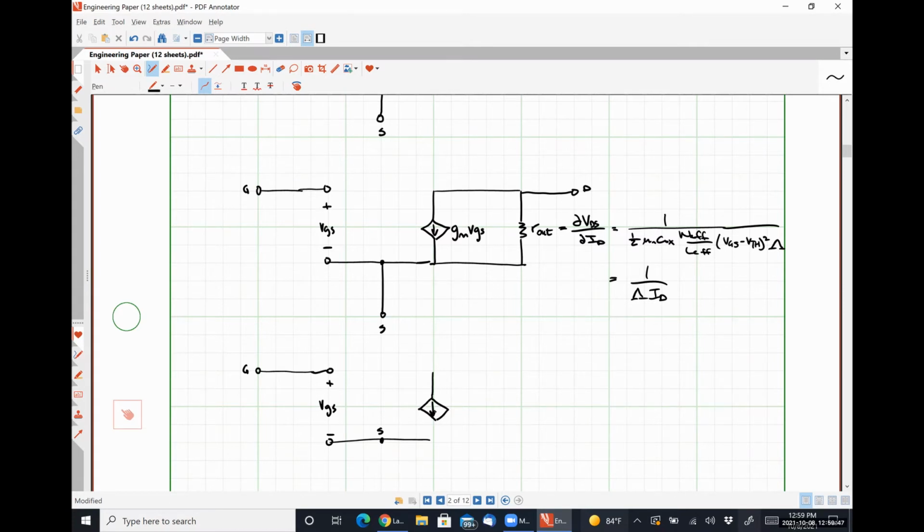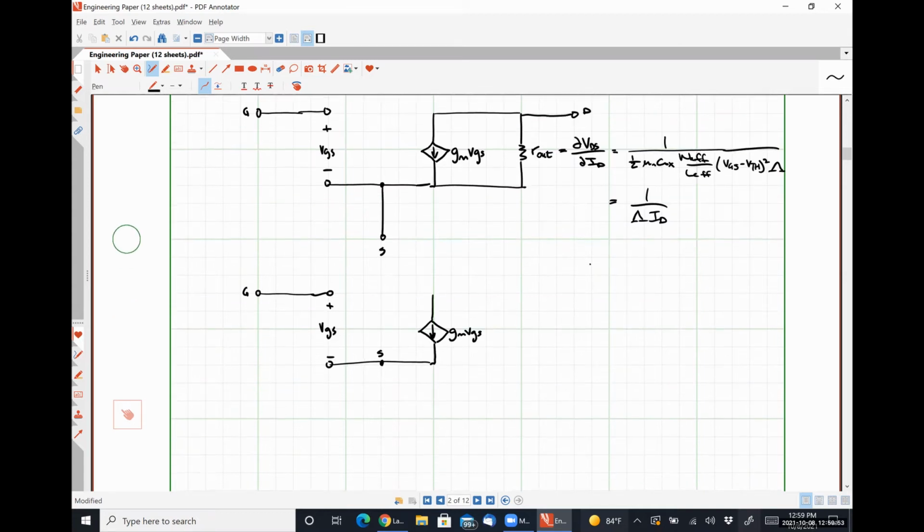So we're going to have our dependent source here, gm VGS, and all that kind of good stuff. Now between our source and our body, so let's put our body terminal down here, we are going to have some voltage, VSB. We have our channel length modulation resistor R out. And then, oh sorry, this should be a dependent source.